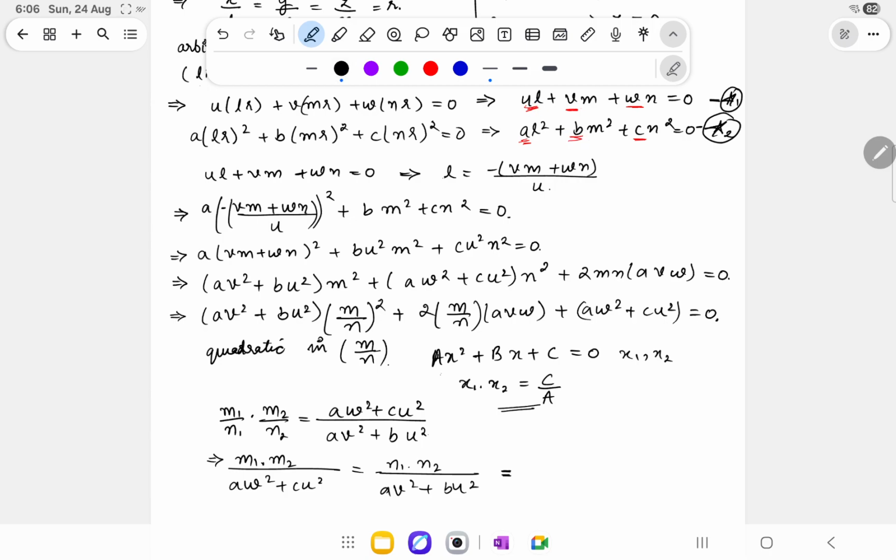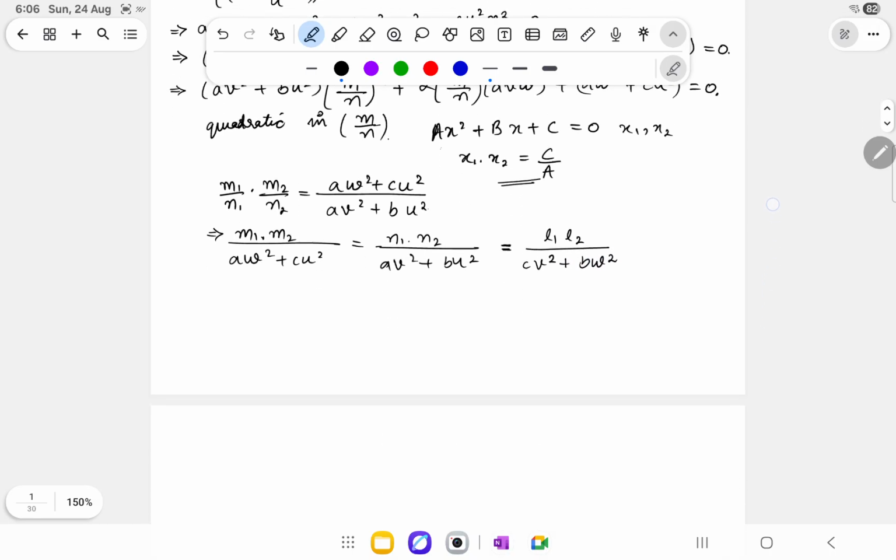So using the same pattern, I'll get L1 L2 as c into v square plus b into w square. So from here I got values of all L1 L2, m1 m2, n1 n2, and I can just equate it with k to get the actual direction cosines.